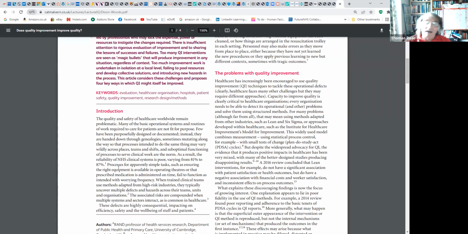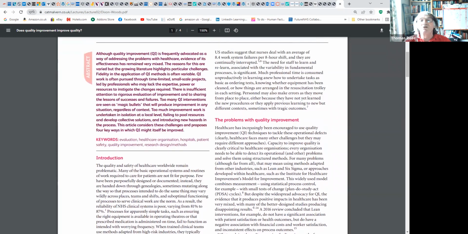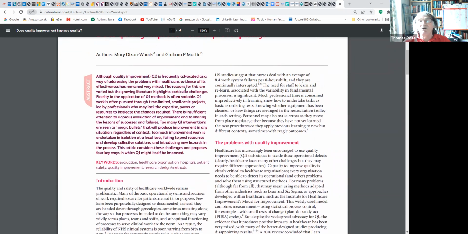And she talks about how someone that's working on a ward learns a process, and it might be taking blood, it might be taking the statistics or whatever. Then they go on to a different ward and they're told to do it differently, and they get very confused. So all of that's detailed in this report. And as I said, I'm not going to go through it now, but I hope that you'll have a look at that, even if you only just read the introduction, because it's all in the introduction as far as I'm concerned.